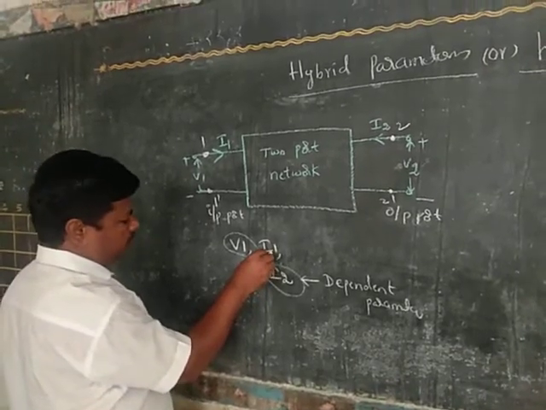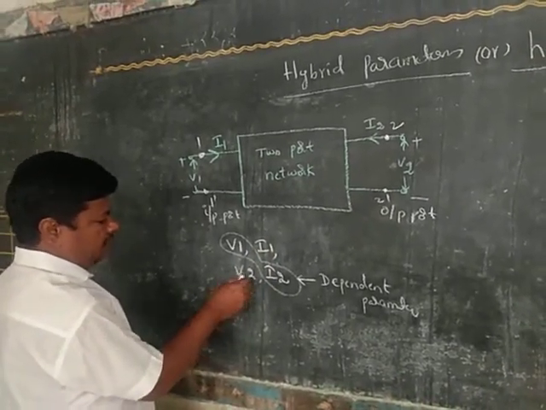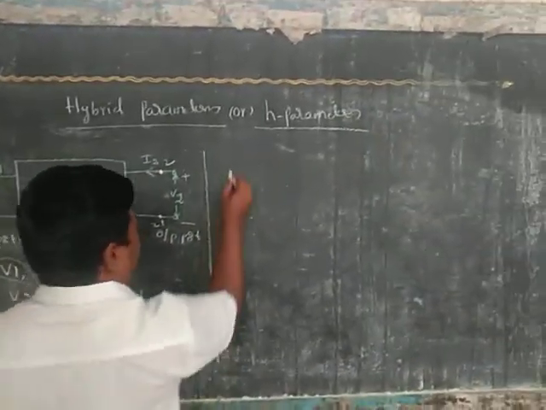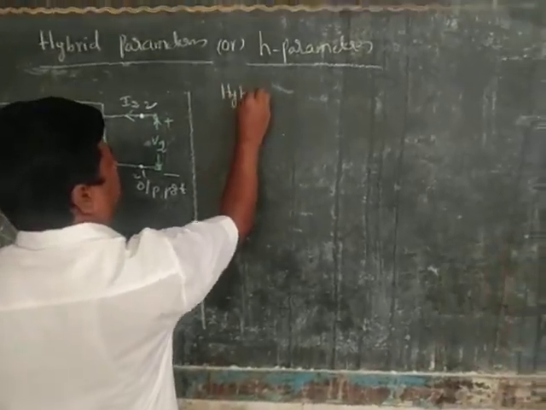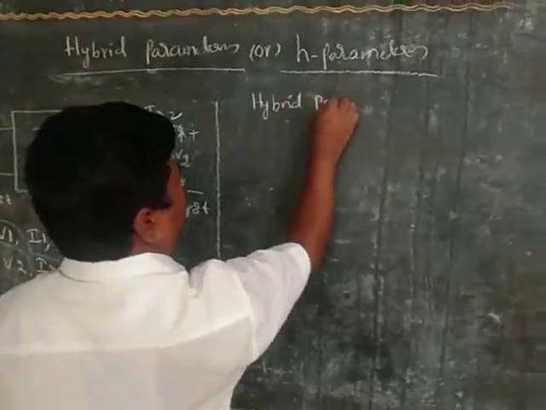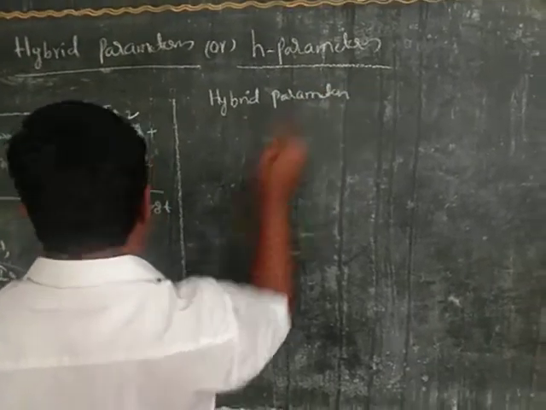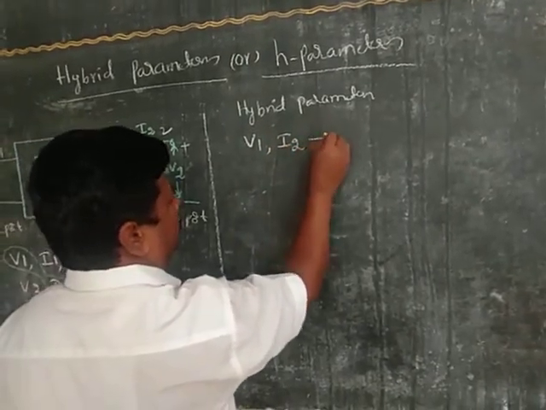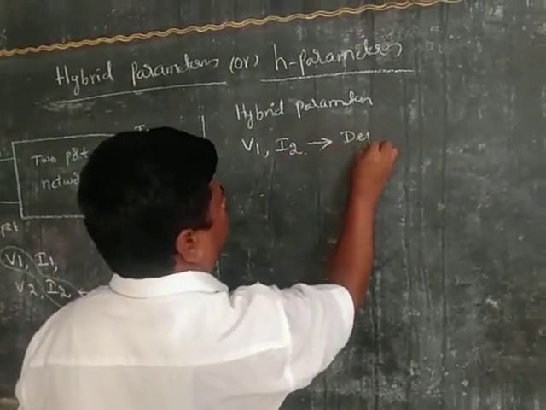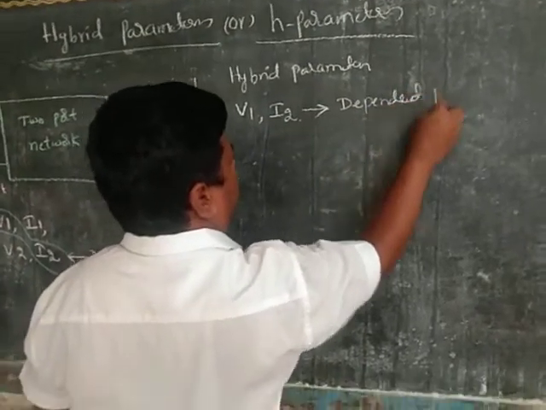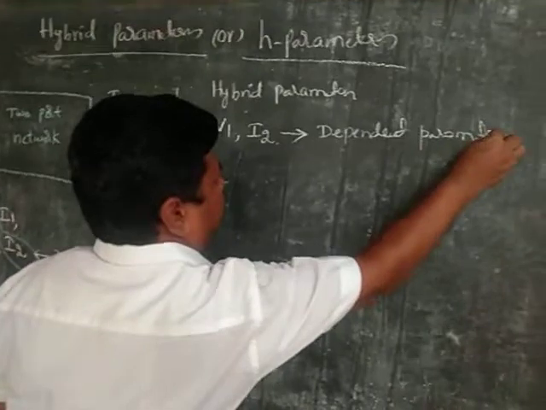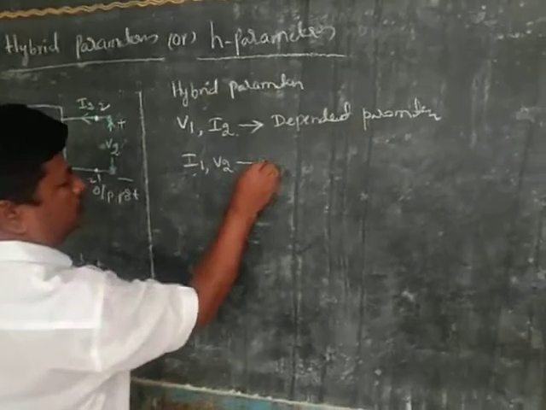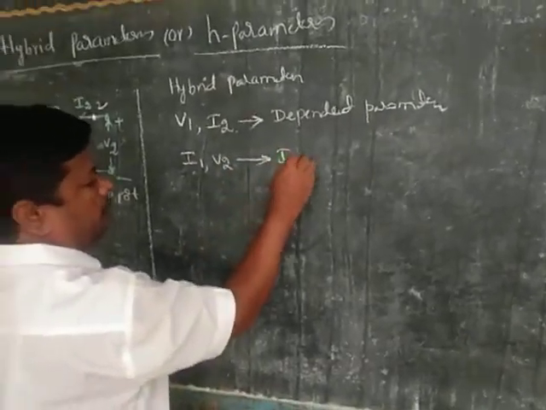The remaining port 1 current I1 and port 2 voltage V2 are independent parameters.